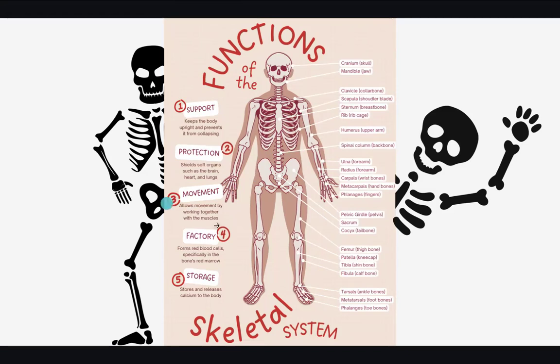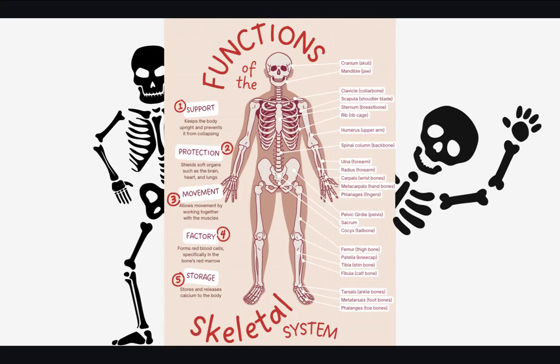The fourth function would be factory. Our bones, specifically our long bones like the femur, the humerus, and the tibia, are responsible for blood cell formation, or what we call hematopoiesis.